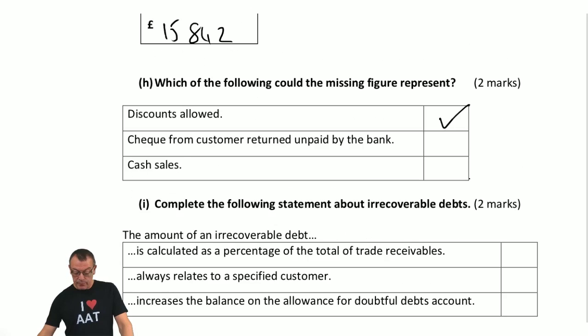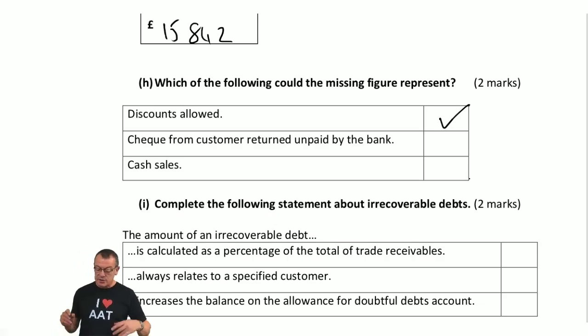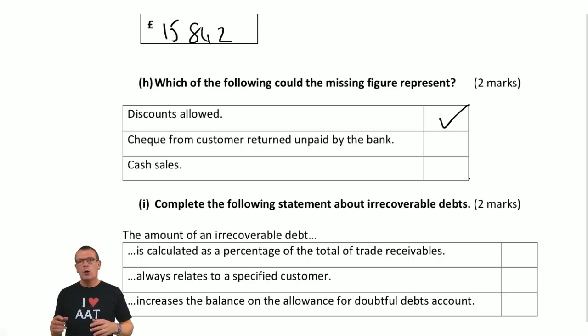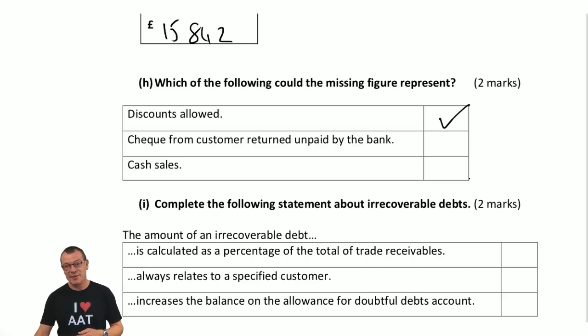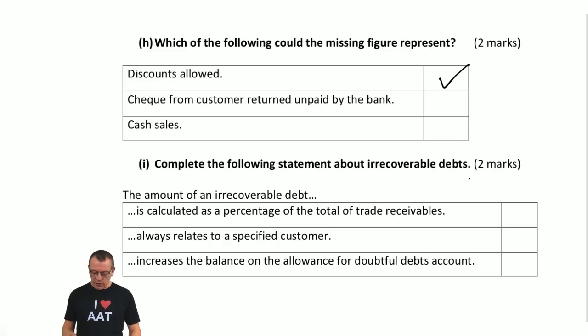Lastly, complete the following statement about irrecoverable debts. Is it calculated as a percentage of the total trade receivables? No, because that would be a provision. Okay, that's providing for the debt. Does it relate to a specific customer? Possibly. Let's see what the last possibility is. Does it increase the balance on the allowance for doubtful debts?